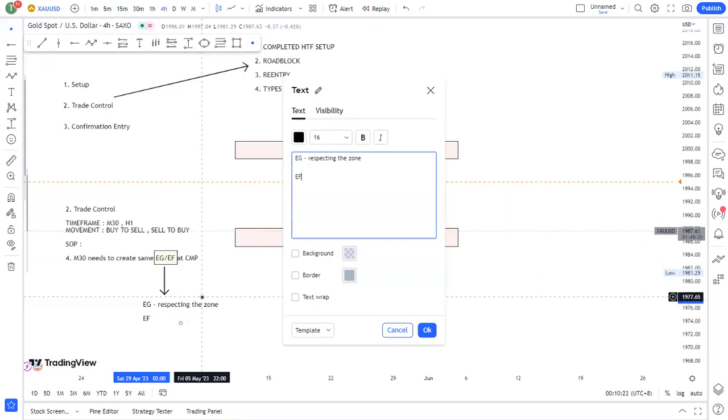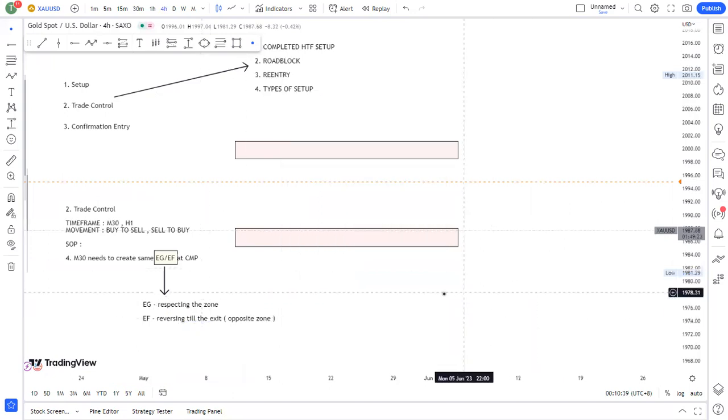And when it creates EF, the chart is saying that it's going to reverse till the exit, which is the opposite zone.